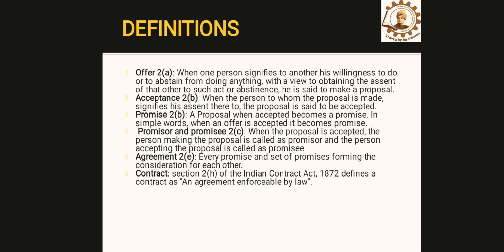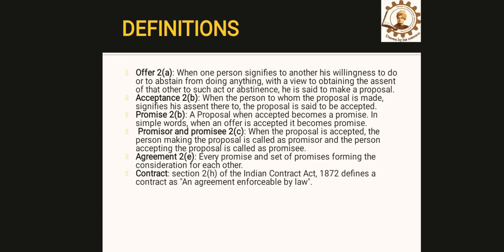Like in example 1, we recall example 1. We said that this offerer is willing to pay, is willing to provide the rent of 10,000. That means he is not willing to pay the rent of 11,000 or 9,000. So this is abstaining from doing or taking 11,000 or 9,000.